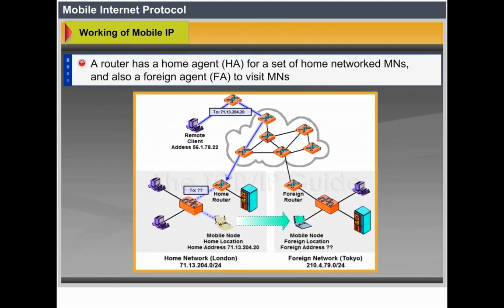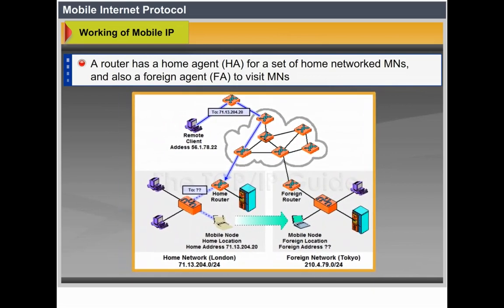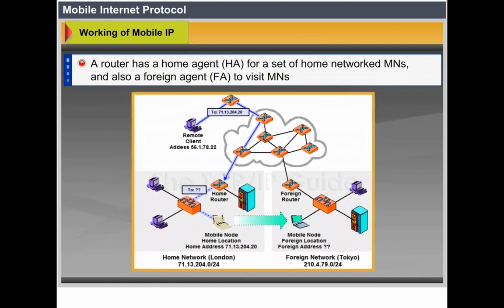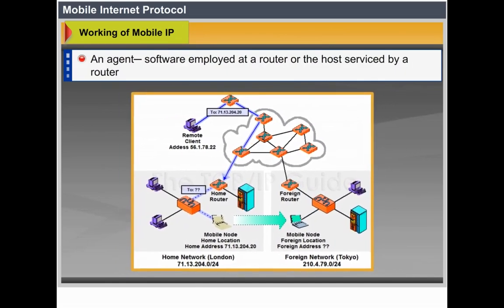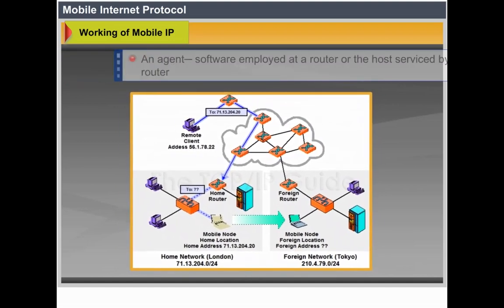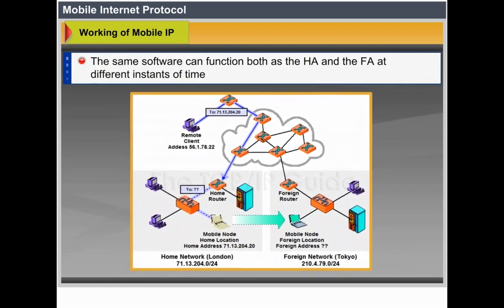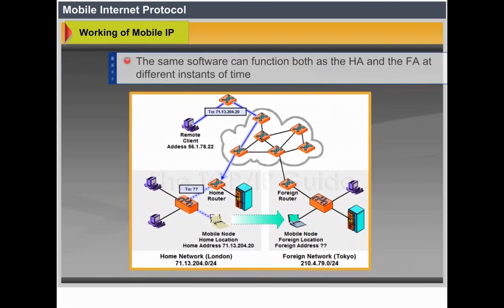A router has a home agent HA for a set of home networked MNs as well as a foreign agent FA for the visiting MNs. An agent is software employed at a router or the host serviced by a router. The same software can function as both the HA and the FA at different instants of time.